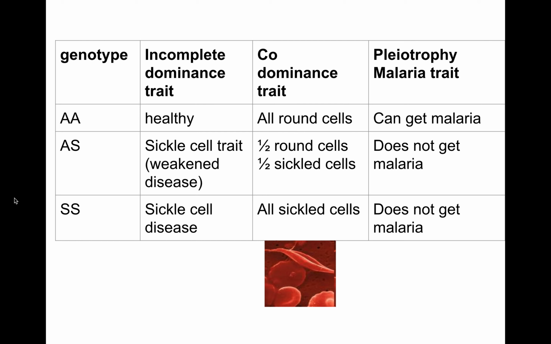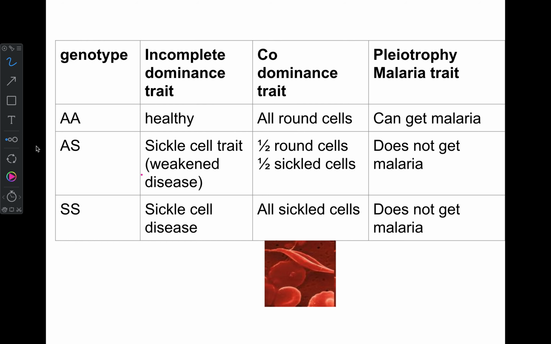Another example of this is specific diseases. It's not always colors. It can be all sorts of things in the body, right? Most traits in your body are not simple dominance, right? Most things in your body are not free earlobes, attached earlobes. Like, that's too simple for a lot of things. So one example of codominance, right, is this idea of sickle cell diseases, right?